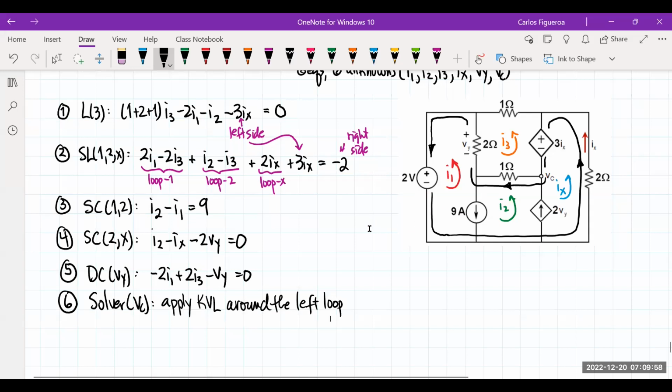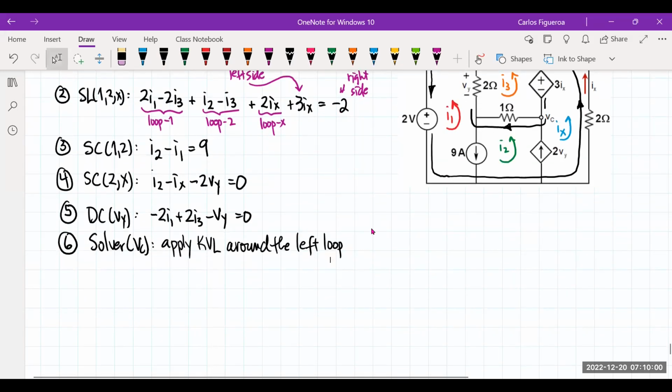So let's look at this thing. If I do that, this is what the left loop looks like. I have my dependent source, which is 3Ix. And then I have my node VC right there. And then I have my current source, which is 2Vy.